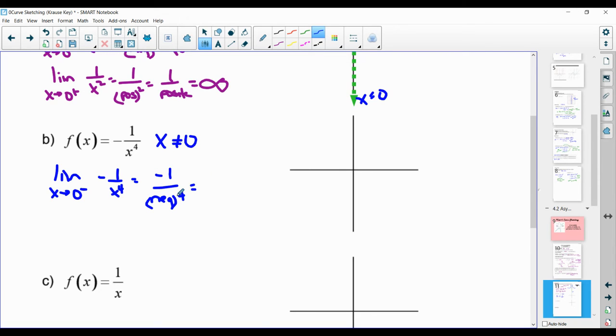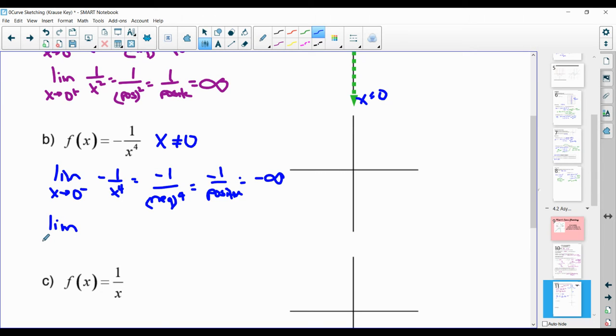So negative 1 over a positive value is going to be negative infinity. No matter what positive number I put in there, even a really large positive number, I'm still approaching negative infinity.